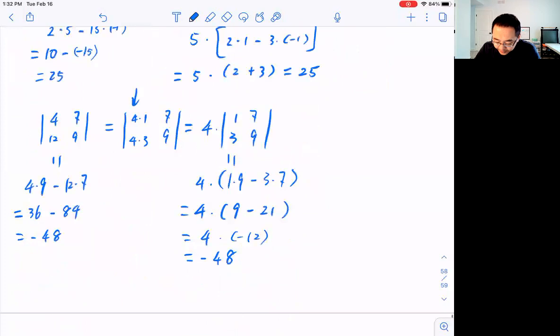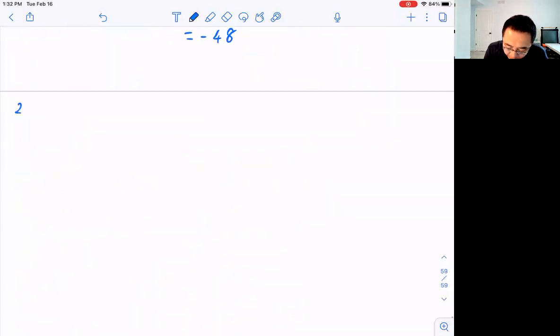And now the second property is that you can interchange two rows or two columns, and that will change the determinant by a factor of -1.